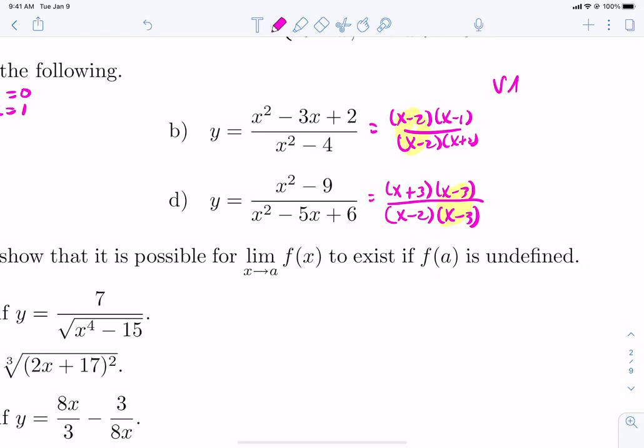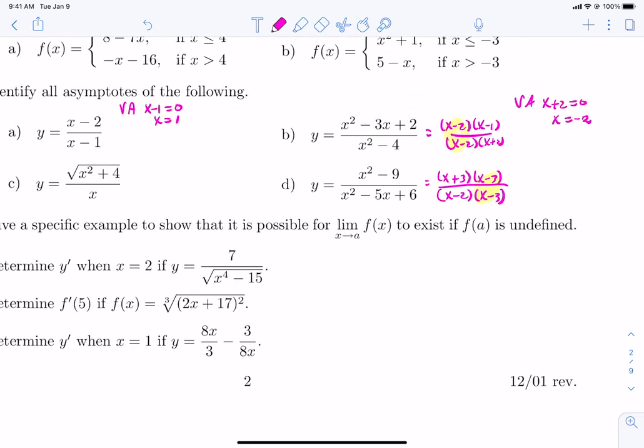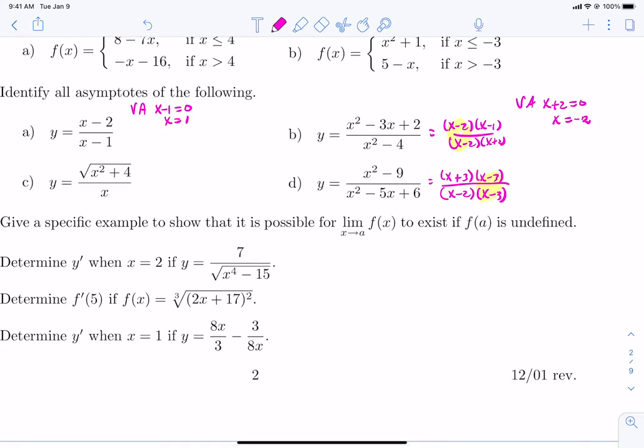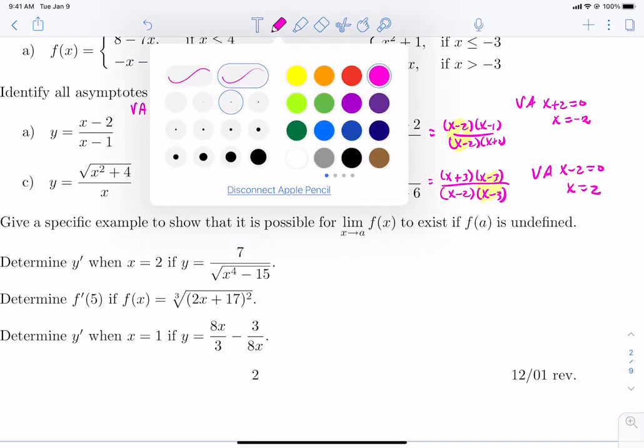So the vertical asymptote is x plus 2 equals 0, or negative 2. For 10c, there's a vertical asymptote at x equals 0. In 10d, there's a vertical asymptote at the factor that's left, x minus 2 equals 0, so x equals 2.